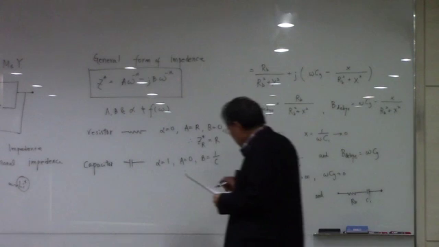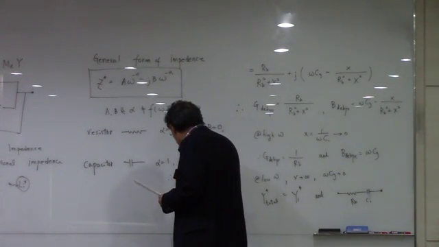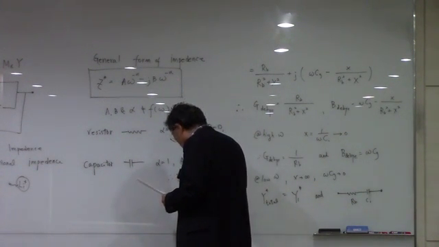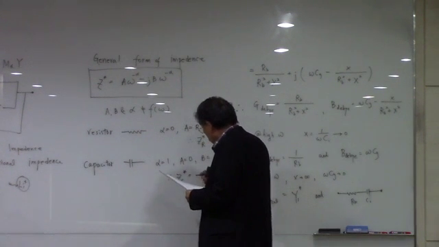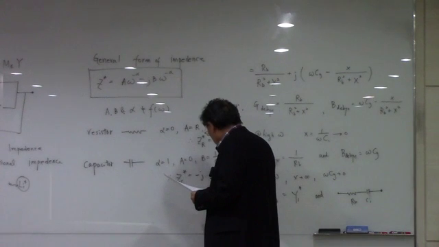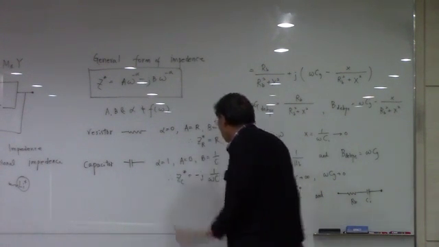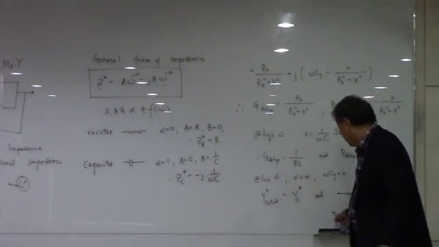Okay, so the impedance now is going to be minus j 1 over omega C, capacitors, like this.